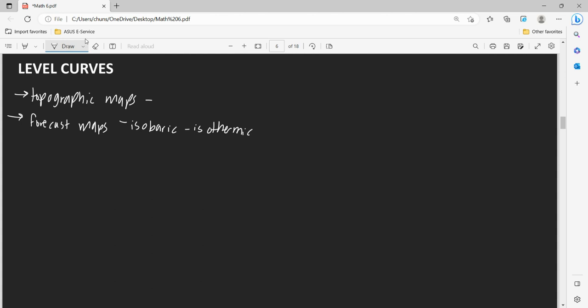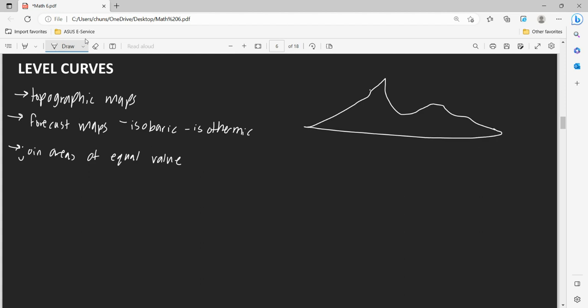For topographic maps, I don't really know the word, but they basically join areas of equal value.